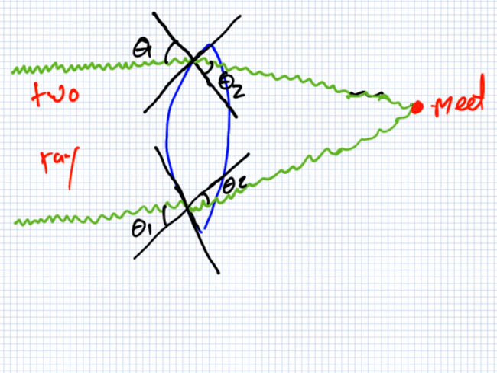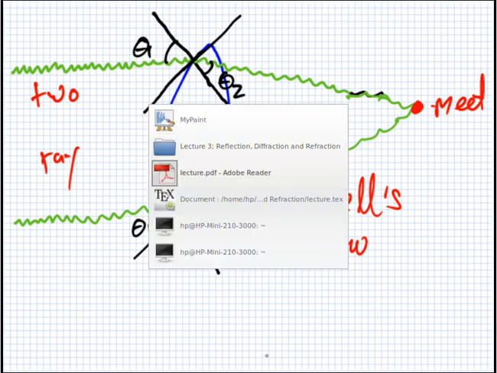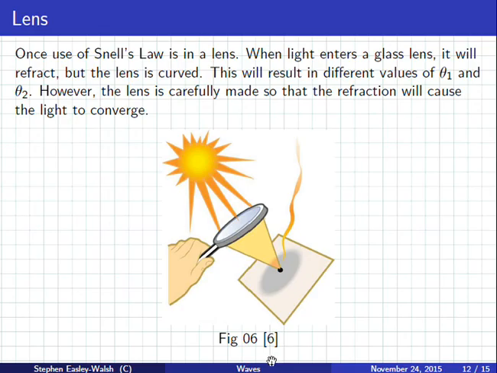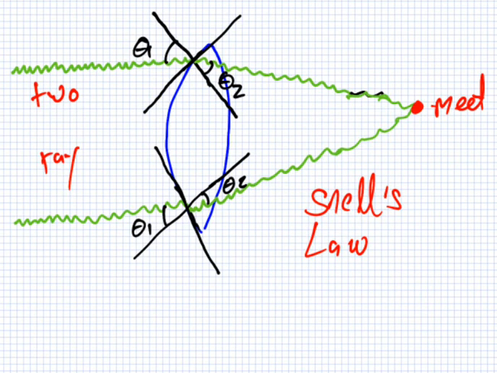Sine C over sine 90 equals N2 over N1. What's sine 90? 1. So you get sine C equals N2 over N1. So what does C equal? Sine inverse N2 over N1.